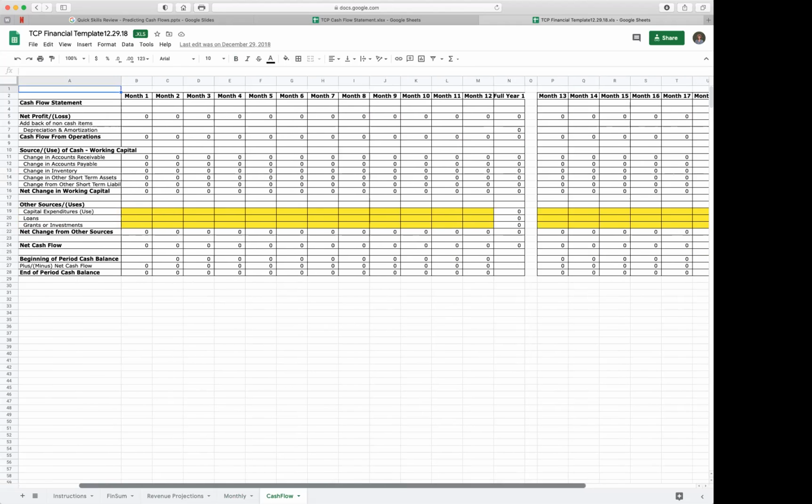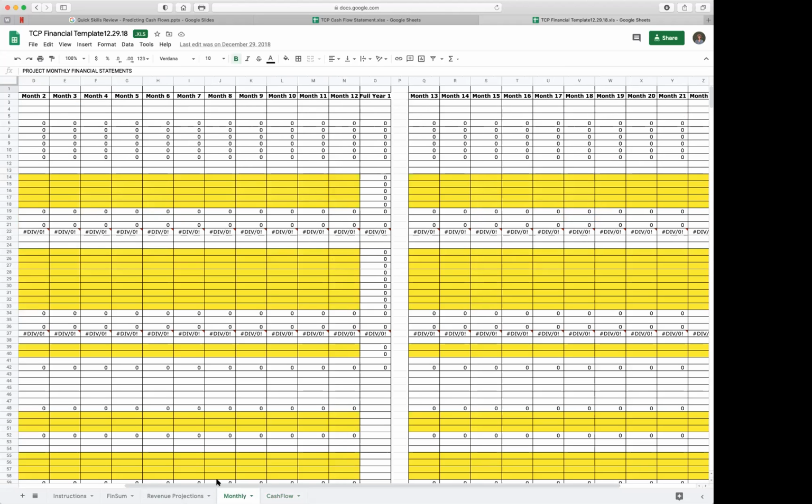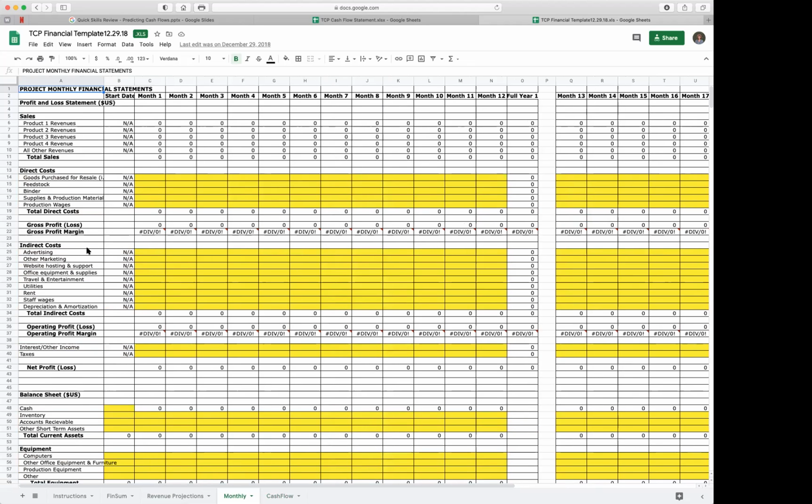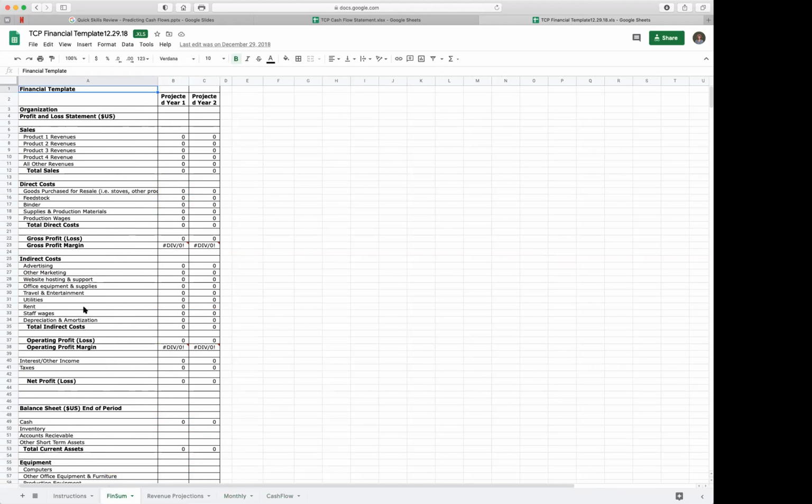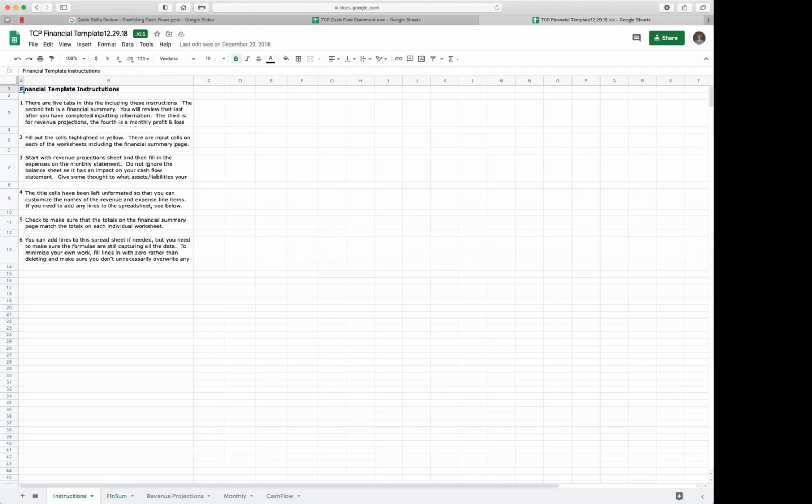And this is great if you can do it. It's just an Excel model, so you can modify all the expense calculations and line items, and name your products. It also gives you a full year summary that you can print out, and there are instructions.